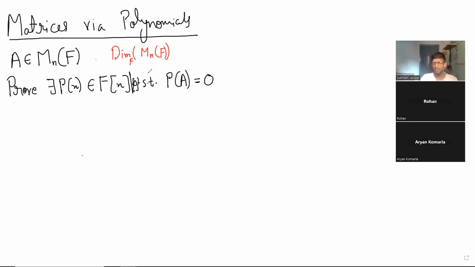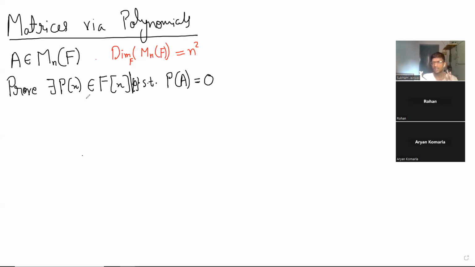Okay? If anything is not clear here, you should tell me first. We have discussed dimension, so that's why I'm using the word. You know that the dimension is equal to n squared, which means that any collection of more than n squared matrices is going to be linearly dependent.